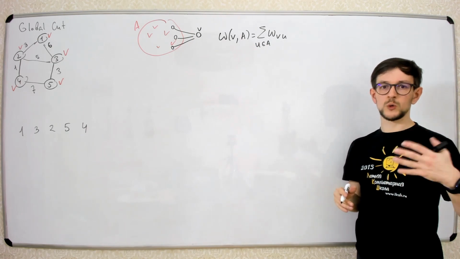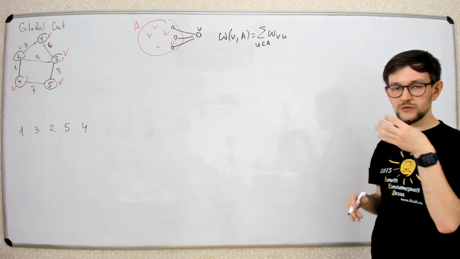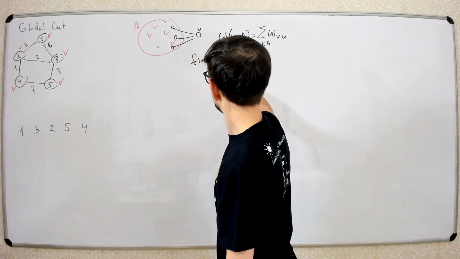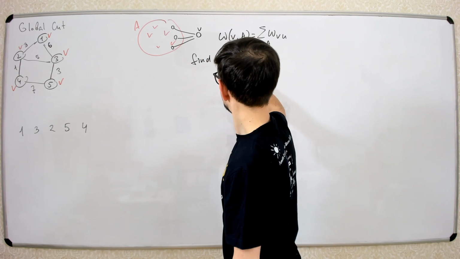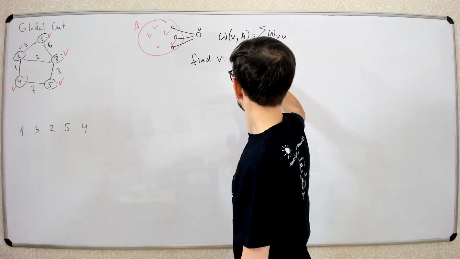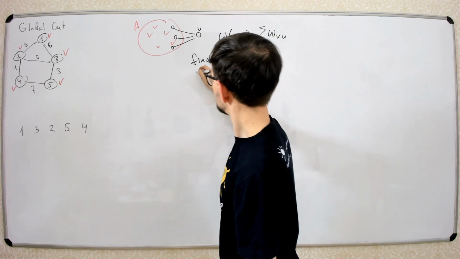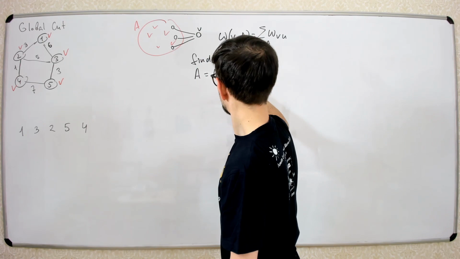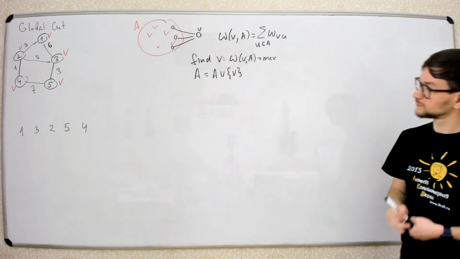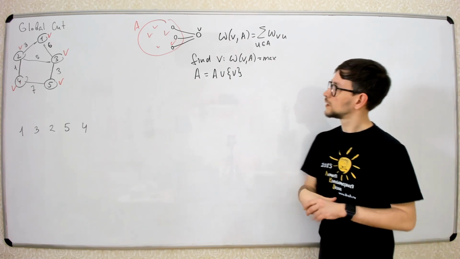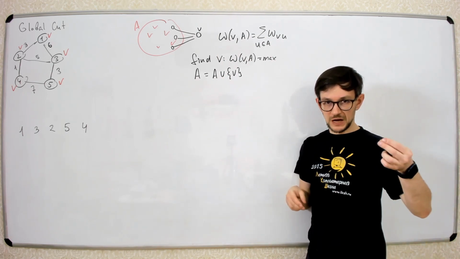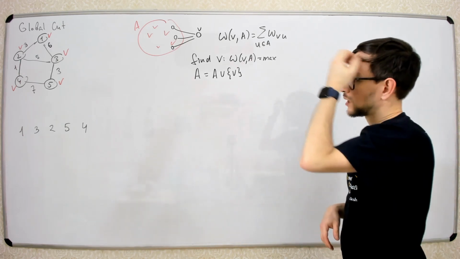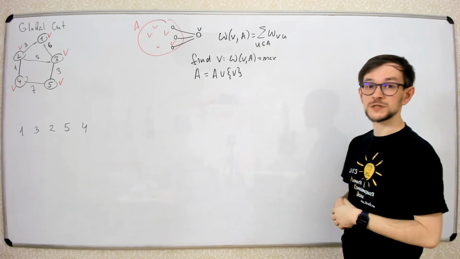Now each time we do the following. We select the node with maximal weight of V to A, and add it to the set A. So we find the node with the maximal sum and mark it and also put it in the set A. Now what's next?